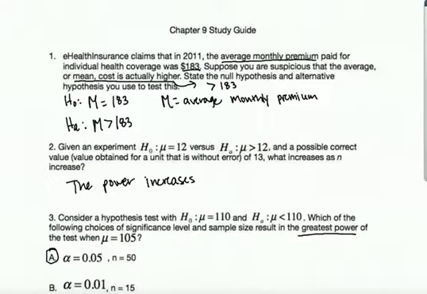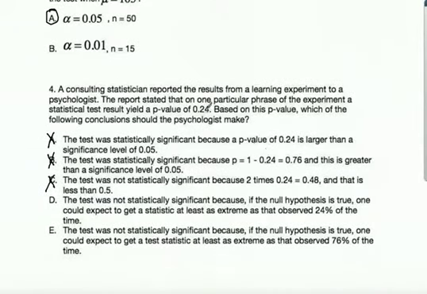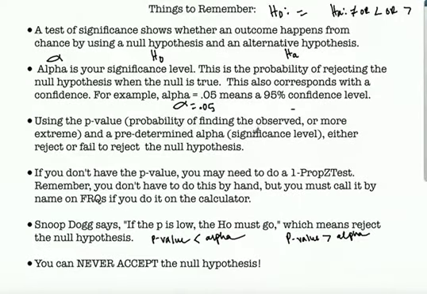And so for this particular one, it's saying that if your p-value is 0.24, then you are expecting to get that claim at least as extreme as that 24% of the time. So this answer is actually going to be correct. And again, that's because of the definition for a p-value, being the probability of finding the observed or more extreme. And so whatever your p-value is equal to, that is that probability.